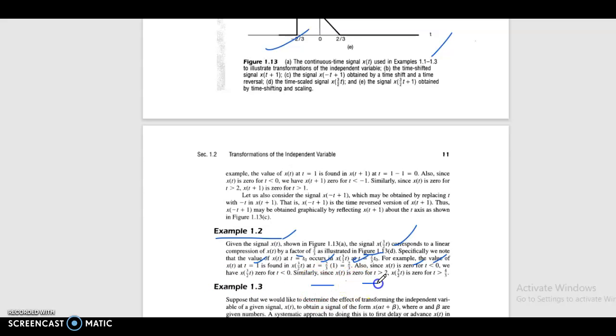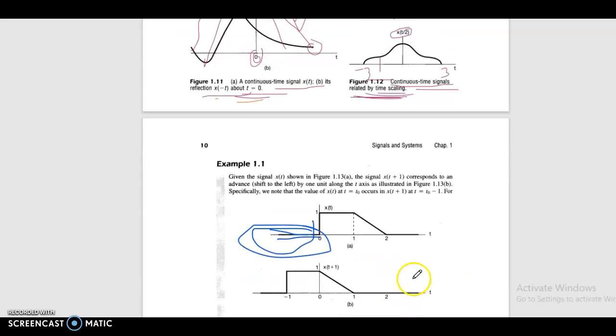Similarly, since x of t is 0 for t greater than 2, x of 3/2 t is 0 for t greater than 4/3. Here in x of t, t greater than 2 is this position, and that time x of t is 0.